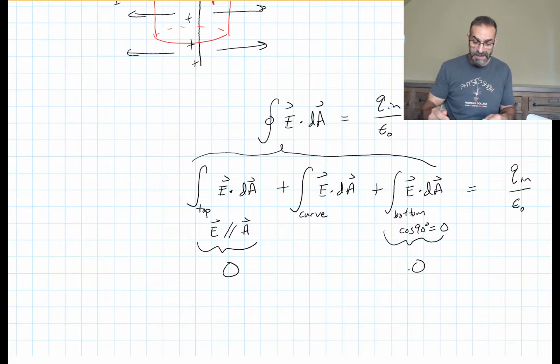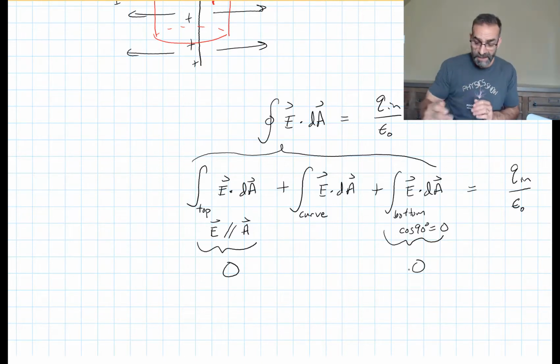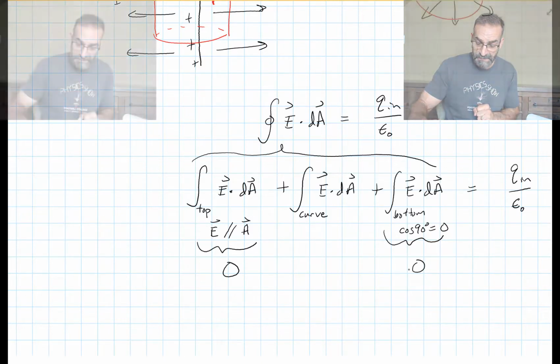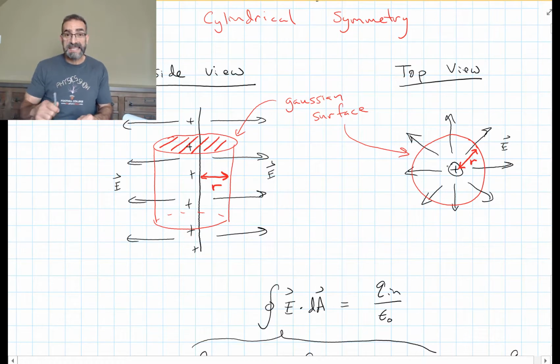All I'm left with is the integral of E dot dA over the curved surface, the side of my cylindrical shape. Now if I go back and look at my drawings here from the top view, I can see that my electric field is always normal to the surface.